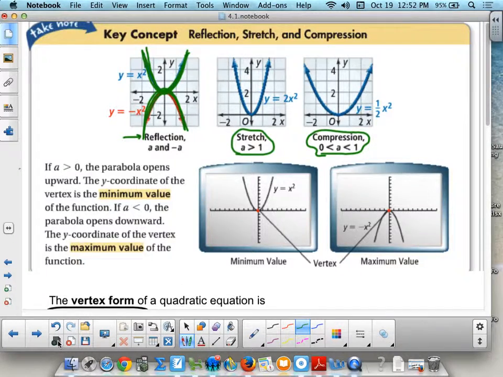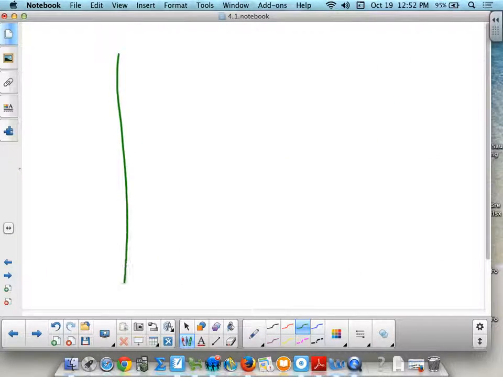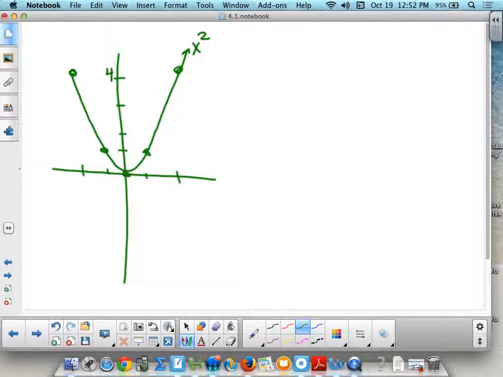Okay? So really quick. Here is the parent. The parent is right here, and here, and here. This is x squared, right? So what is 2x squared gonna, oh shoot, I didn't do that very well.